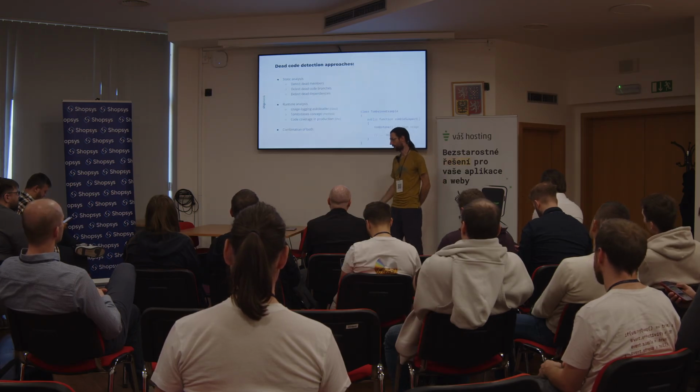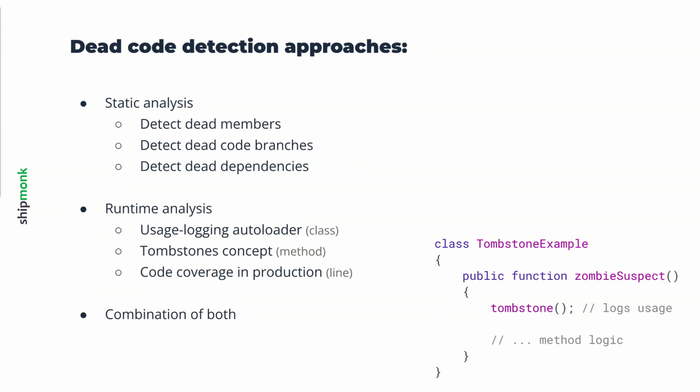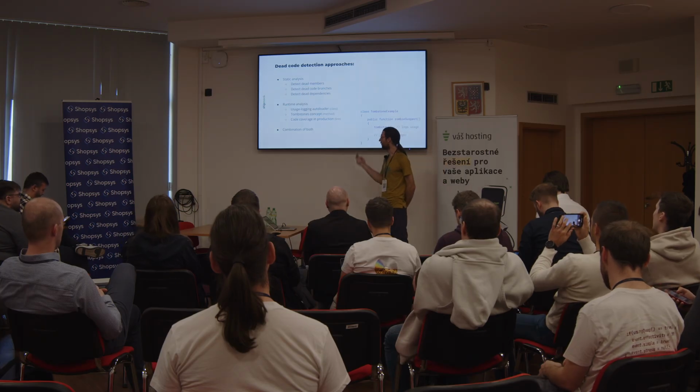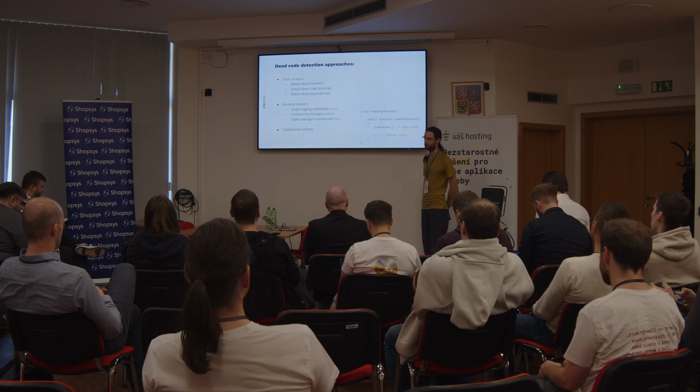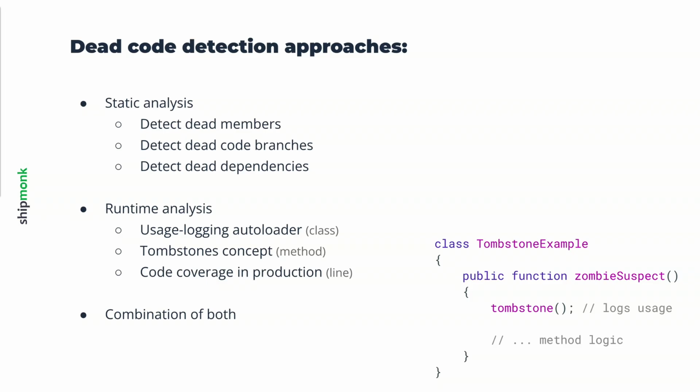So there are two approaches to be sure, or at least suspect, which parts of the code are not used. You can run the code and somehow detect that it's not being used. That's the runtime analysis. You can use multiple principles to check what is and is not being executed during runtime.